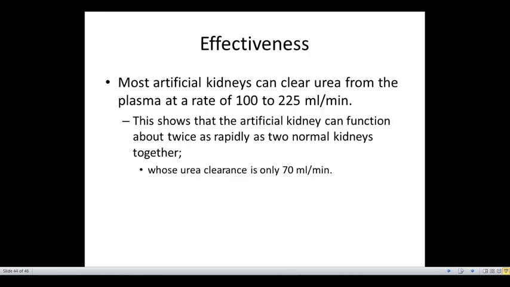Most artificial kidneys can clear urea from the plasma at a rate of 100 to 225 milliliters per minute.